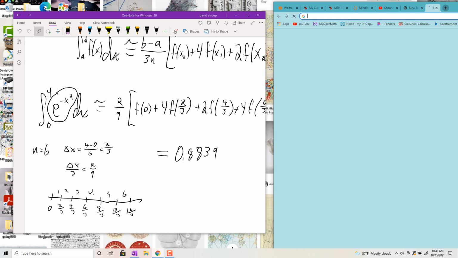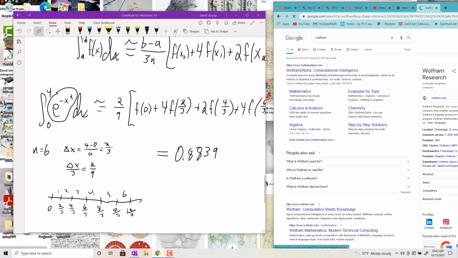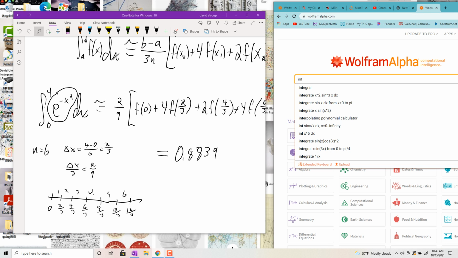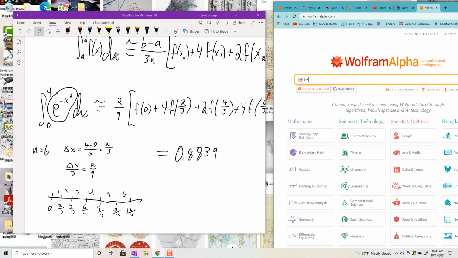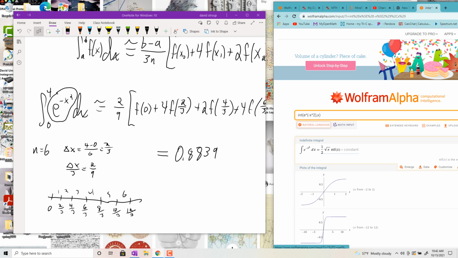Let's see what it actually is. Well, first off, let's just look at the antiderivative of e to the negative x squared. See, they need an ERF function.